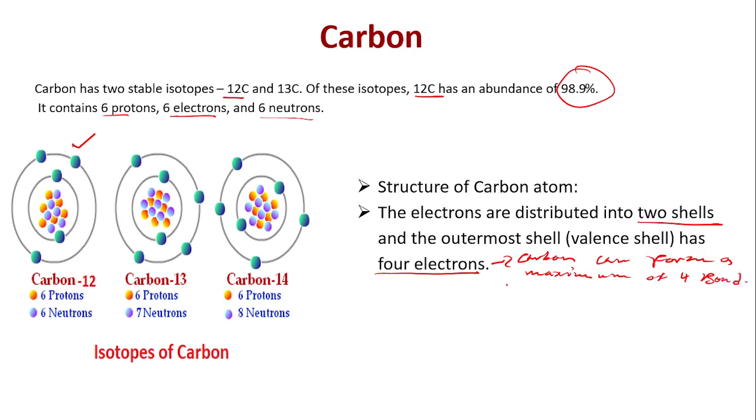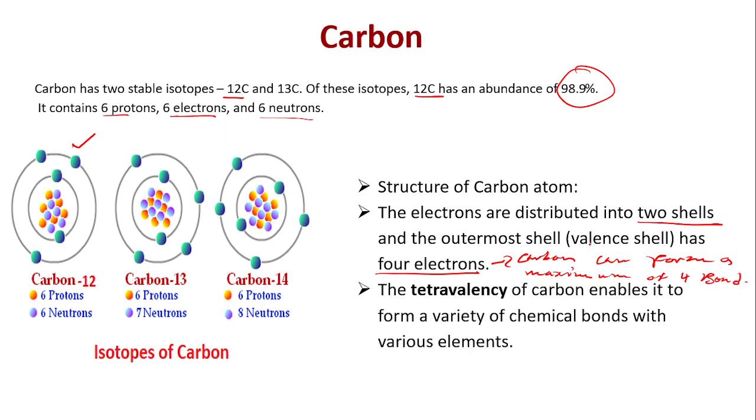So I hope you guys have taken note of this, because it is going to be found in some of the questions we are going to do. The tetravalence of carbon enables it to form a variety of chemical bonds with various elements.